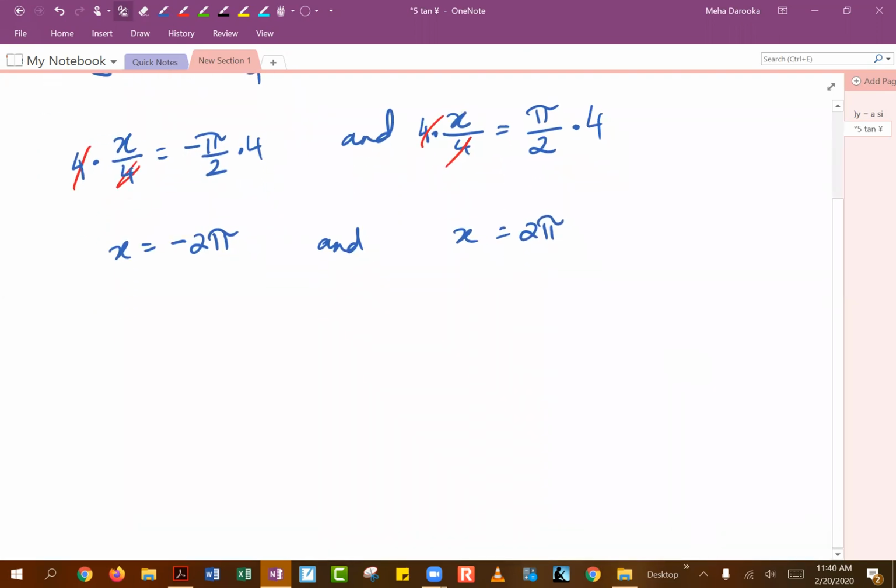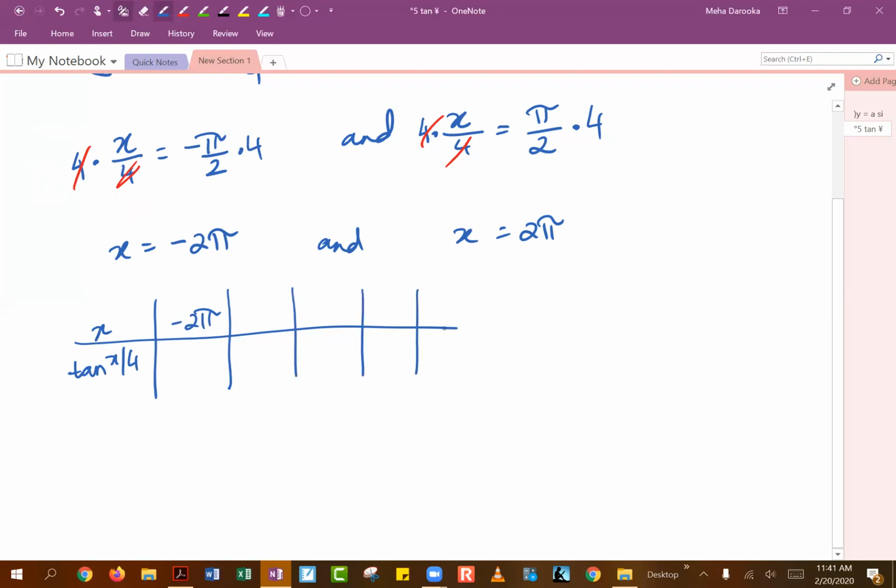So to do our little table, we've got negative 2 pi. What would be the halfway point between these two numbers? How would you find the halfway point between negative 2 pi and 2 pi? Yeah, subtract them from each other, divide by 2.